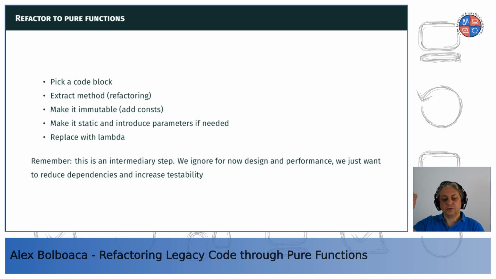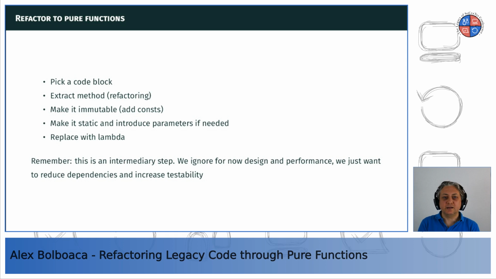Pick a code block, extract a method from that code block, make it immutable. In C++, that's fairly simple because you start by putting consts everywhere, and then your compiler will shout, oh, that parameter is changed or that value is changed, and you deal with those changes through a few transformations. Then I can make it static.